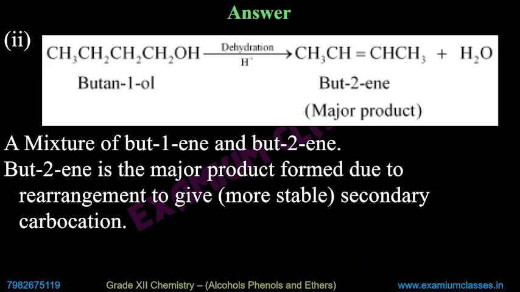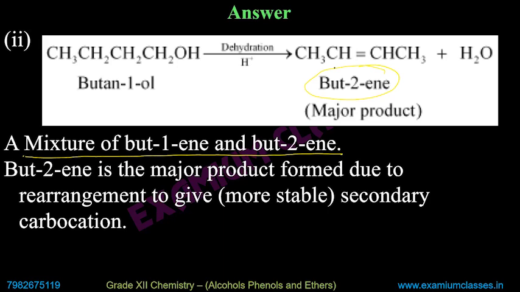That is written here. So a mixture of but-1-ene and but-2-ene is obtained. Why? Because there is a transition from primary carbocation to secondary carbocation and but-2-ene becomes the major product. Although this is a mixture, but-2-ene becomes the major product.